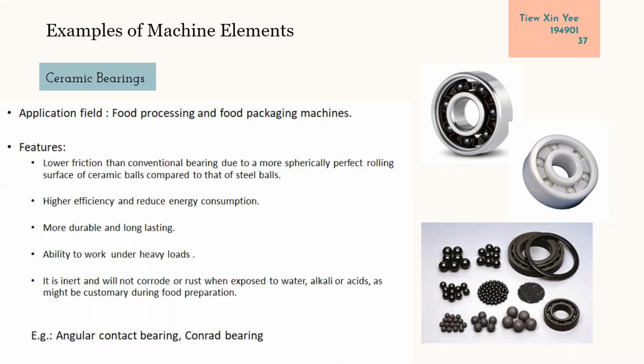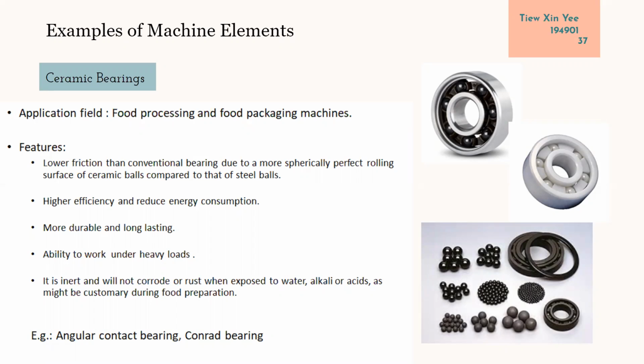Ceramic bearings are more durable and long-lasting. They also have the ability to work under heavy loads due to their high stiffness. And ceramic bearings are inert and will not corrode or rust when exposed to water, alkaline or acid, as might be customary during food preparation.